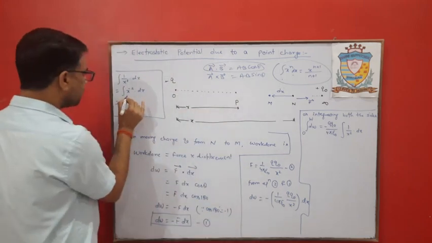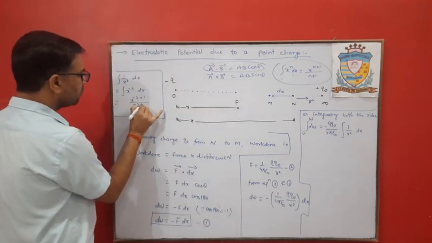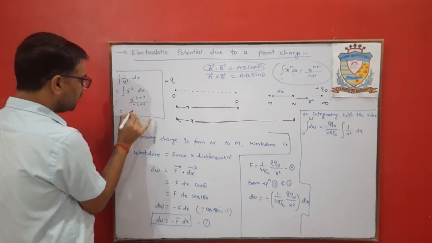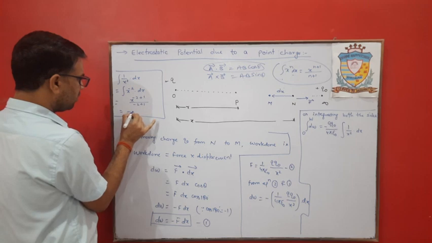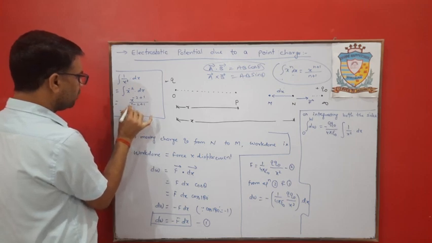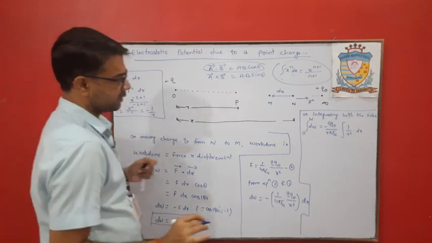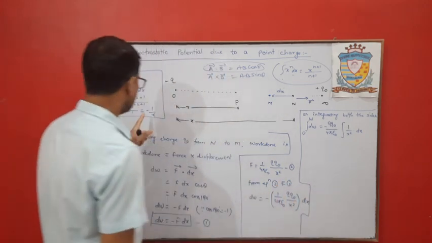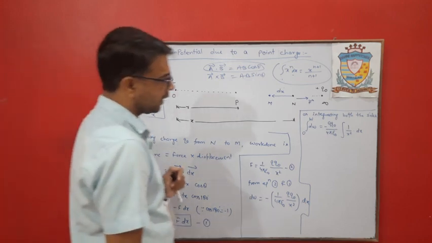So here it becomes x to the power minus 2 plus 1 upon minus 2 plus 1, which is equals to minus 1, and in numerator x to the power minus 1. So this becomes minus 1 upon x. Clear? So if we solve it, we will get minus 1 upon x.